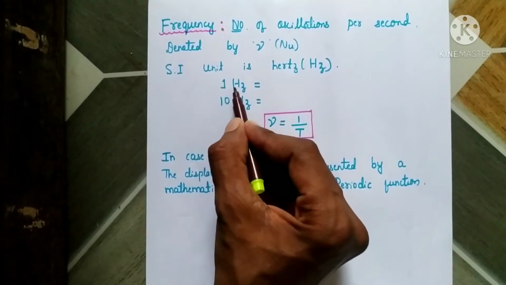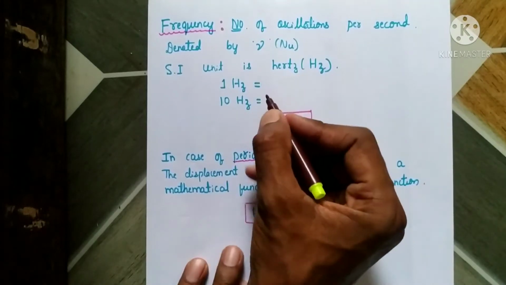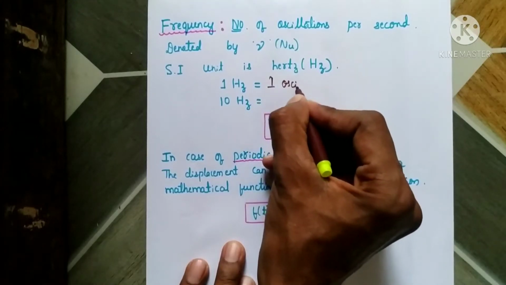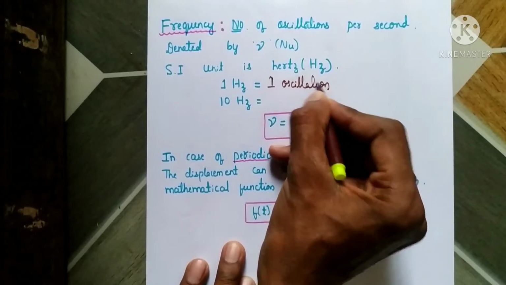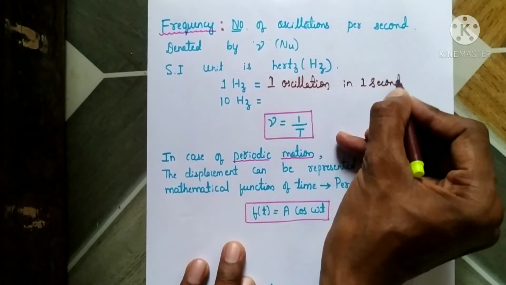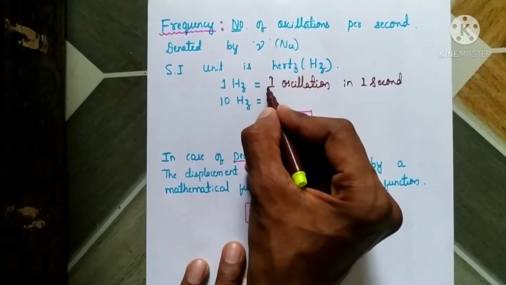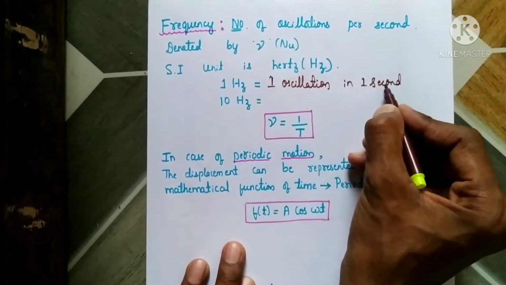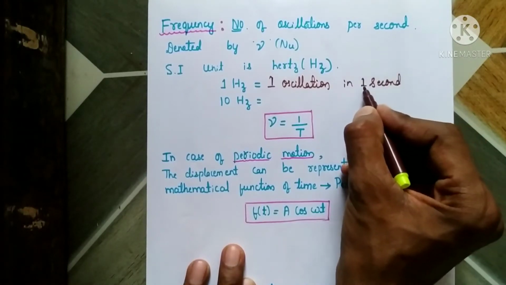So if I write 1 hertz, it means the object will complete one oscillation in 1 second. So the meaning of 1 hertz is that the object has to complete one oscillation in 1 second. That means we are going to count the number of oscillations in 1 second.